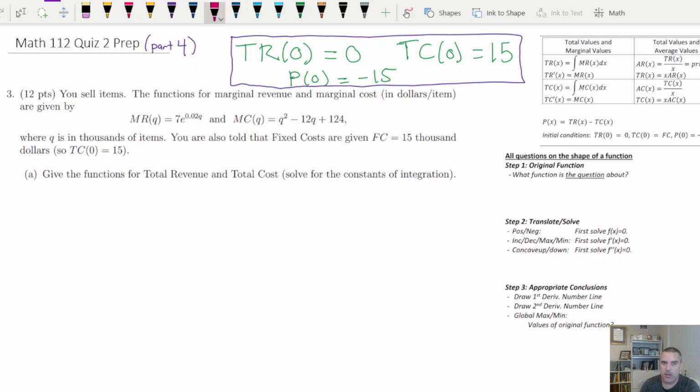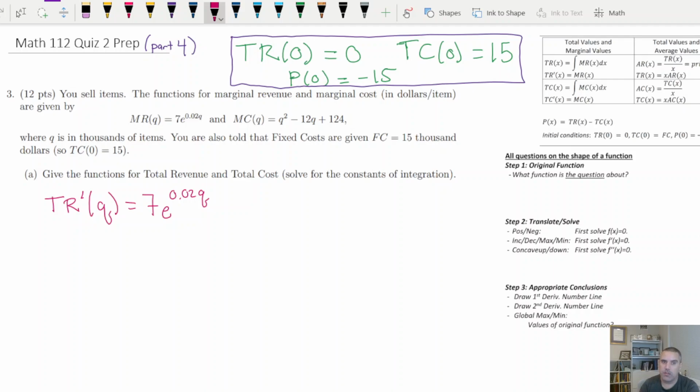Okay, so let's summarize what this question told us. I'm telling you marginal revenue, which is the derivative of total revenue, and I'm giving you the formula for it, which is 7e to the 0.02q.